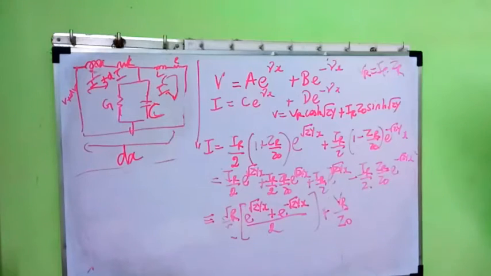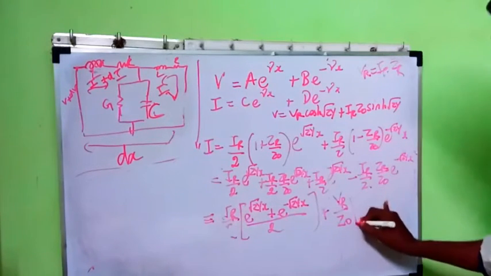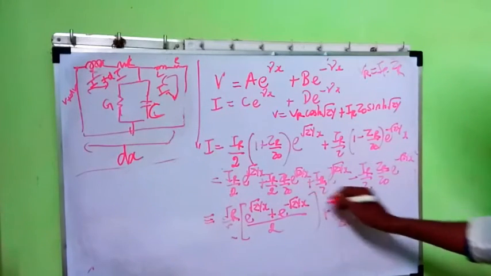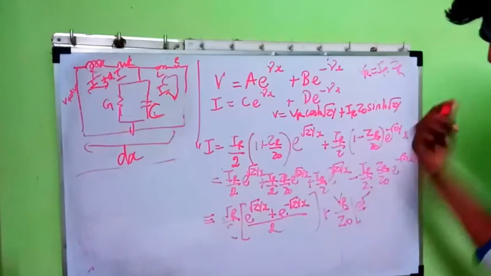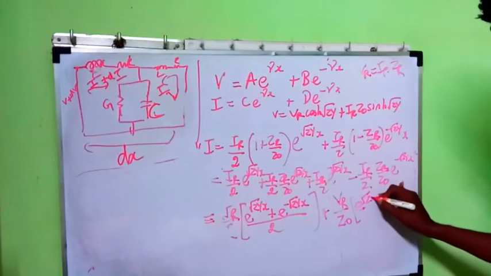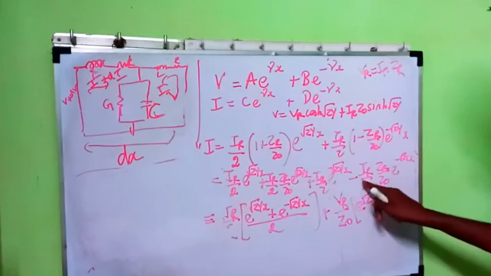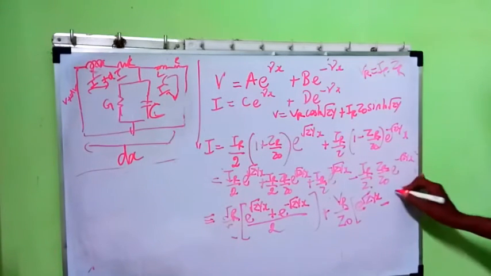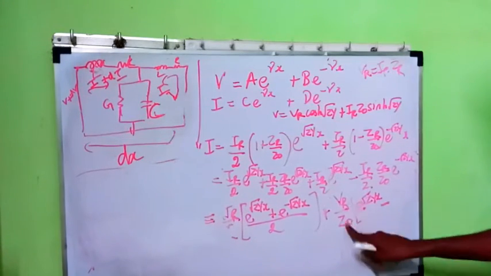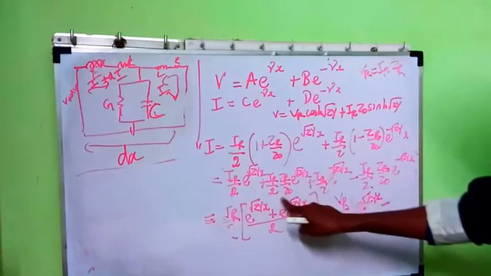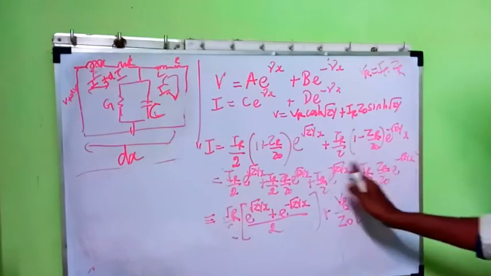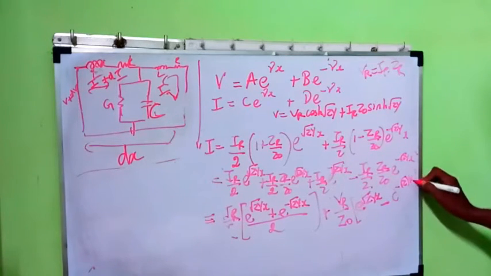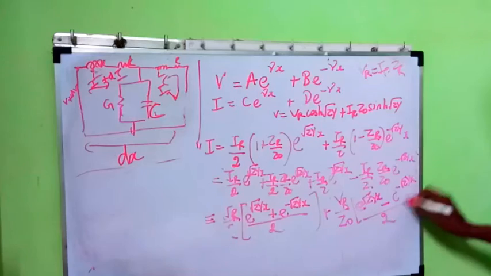So this VR by Z naught into e power root of ZY into X, and minus, take the fourth term. So VR by Z naught is taken outside, minus e power minus root of ZY into X, the whole divided by 2, don't forget the 2.